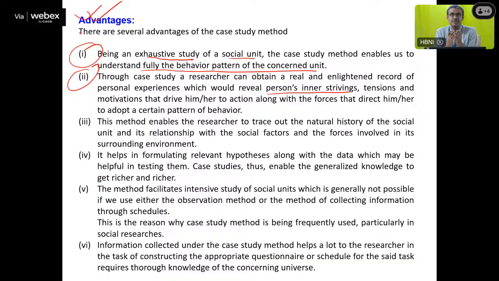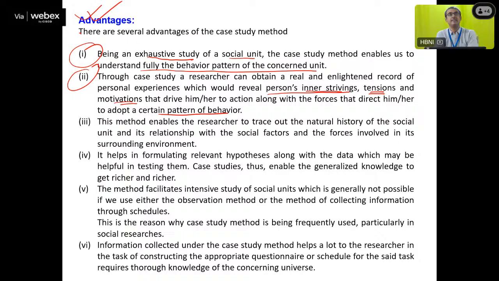Once you study the behavior pattern, you infer about the person's inner strivings, tensions, and motivations that drive him or her to action, along with the forces that direct him or her to adopt a certain pattern of behavior.